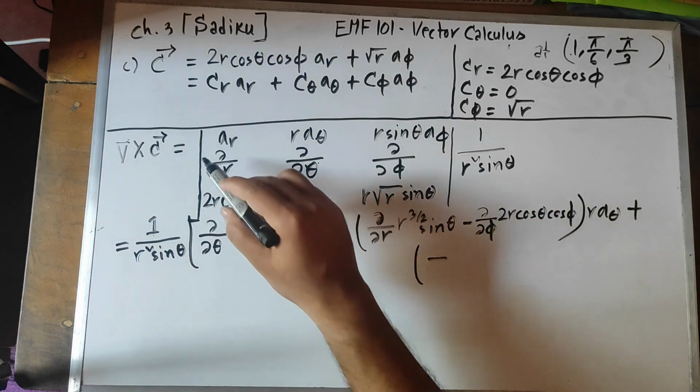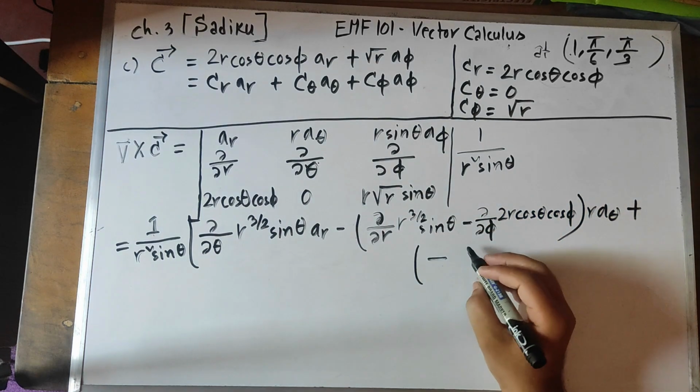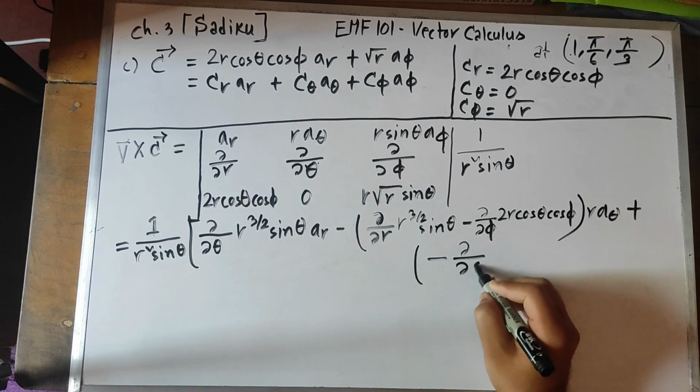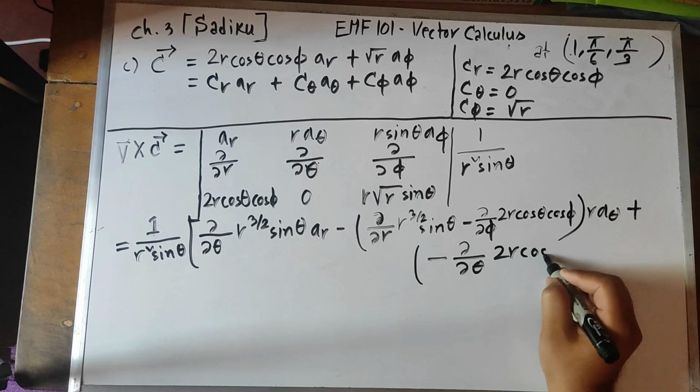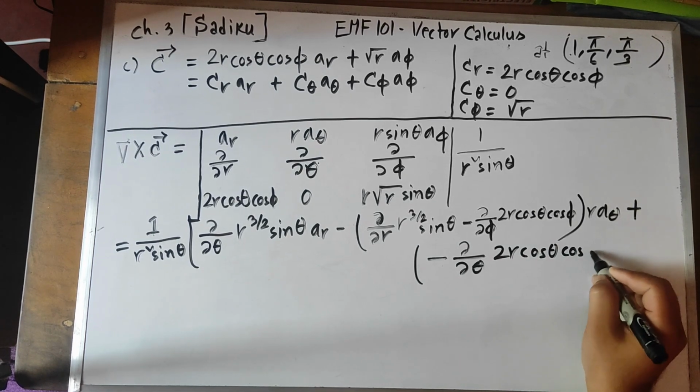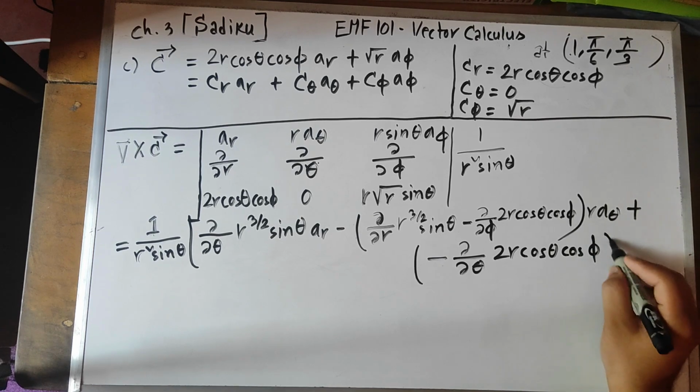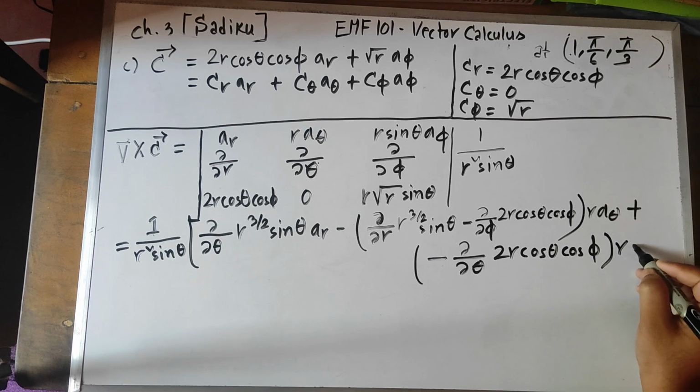Minus, so here is 0 and this, partial differentiation with respect to theta of 2r cos theta cos phi in the direction r sin theta a phi.